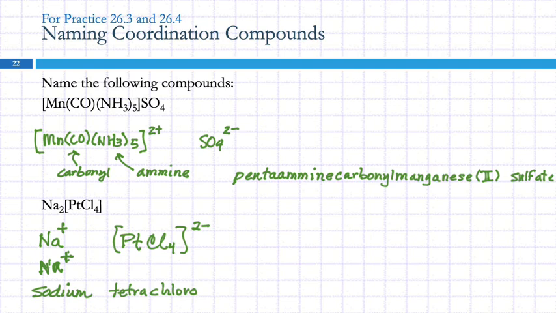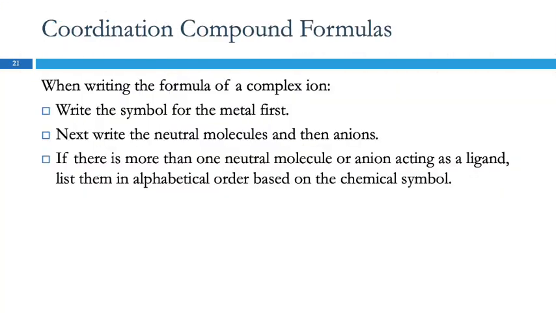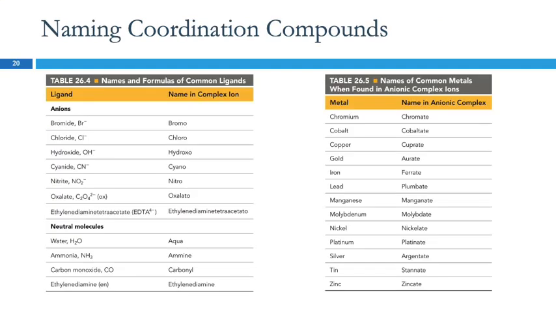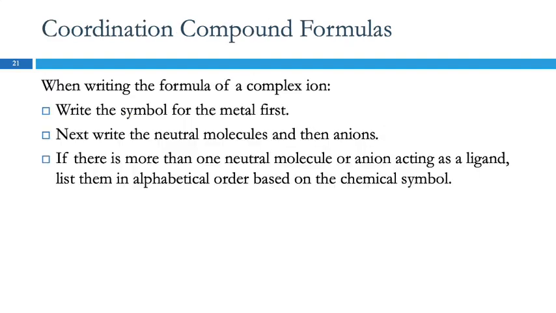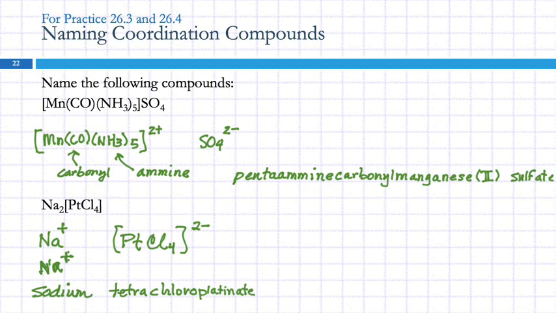And this is an anion. So instead of saying platinum, it's going to be platinate. And you can just go back to this table and look at it. Okay, so platinum becomes platinate when it's an anion. It still needs a Roman numeral though.